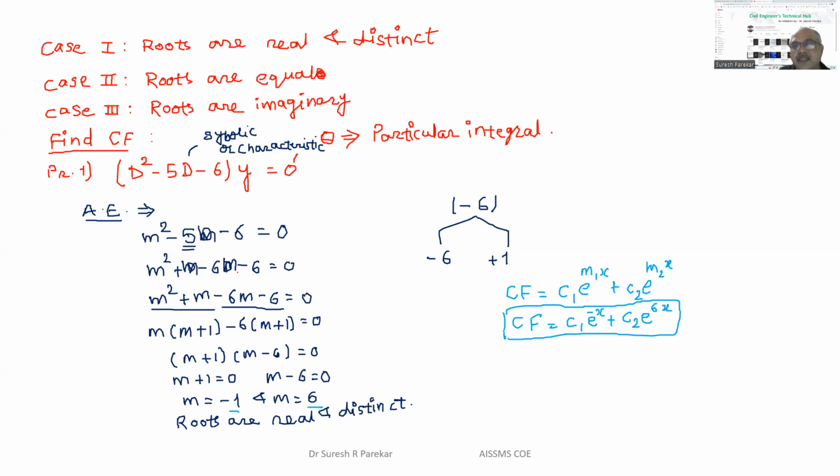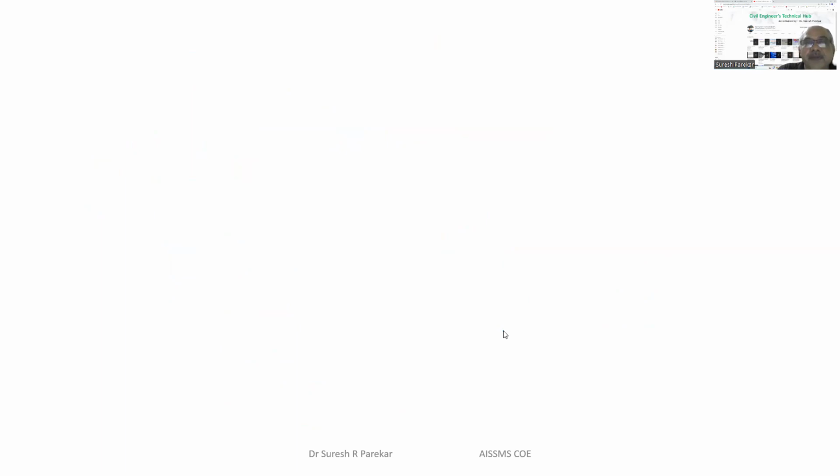So this is one problem, where the complementary function is C1 e raised to minus x plus C2 e raised to 6x. Now we will go with the second problem, problem 2.